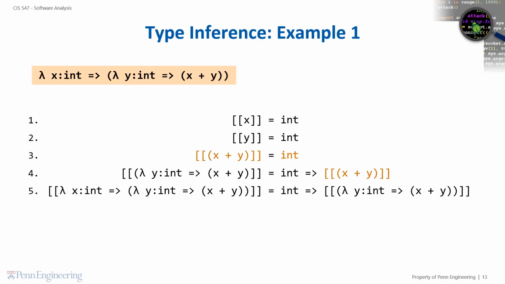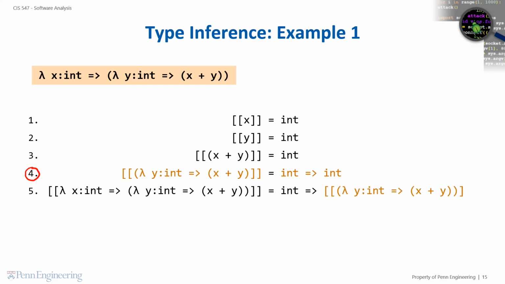Next, we apply the substitution from constraint 3. Again, type of x plus y only occurs in constraint 4. So, we substitute it by int to obtain this. Now, we choose constraint 4 for substitution.